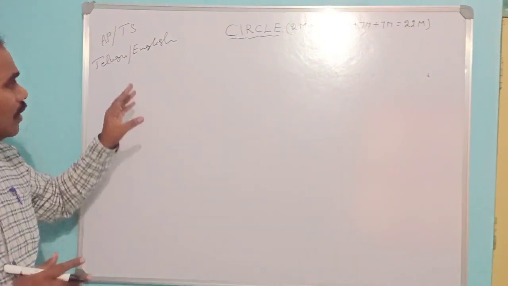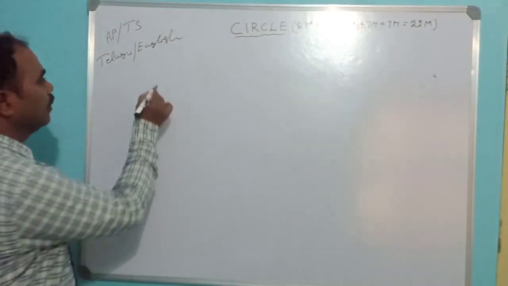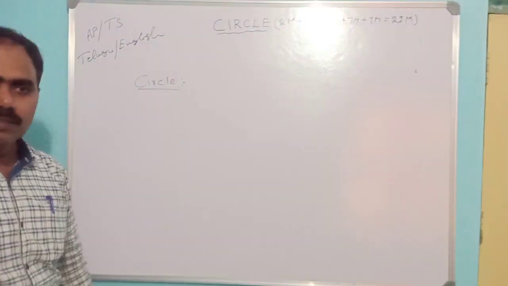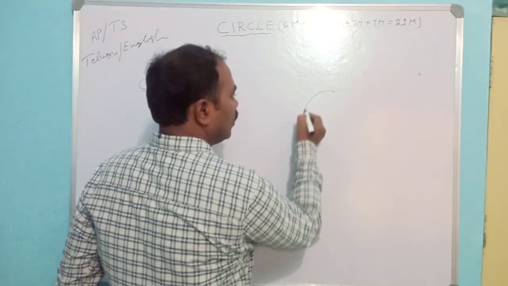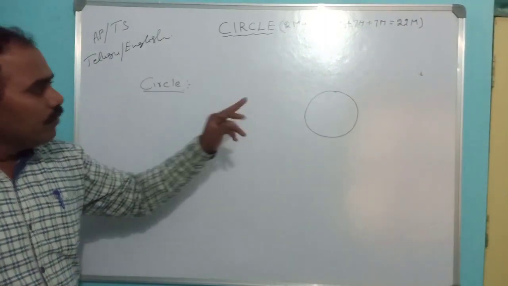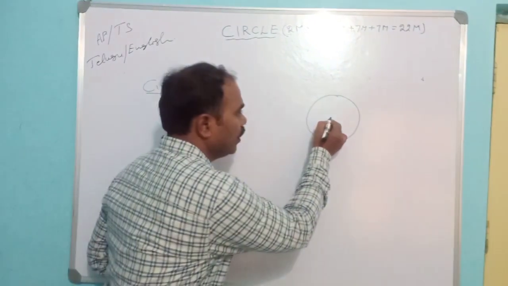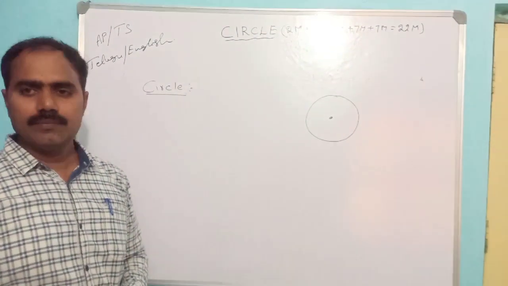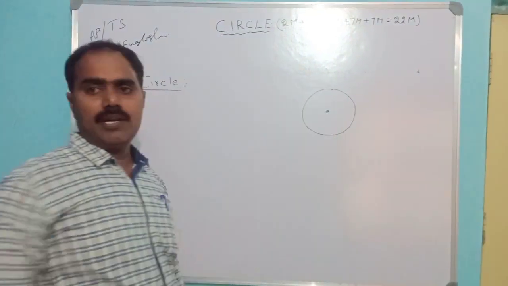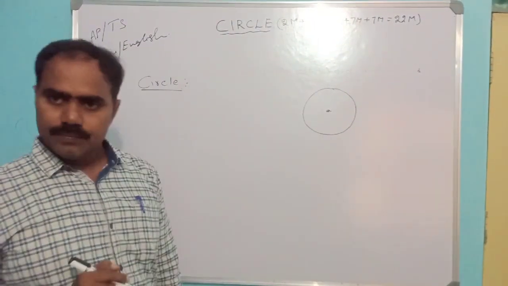Students, now we define the circle. Circle is the locus of a point which moves at a constant distance from a fixed point. The fixed point is called the center of the circle.